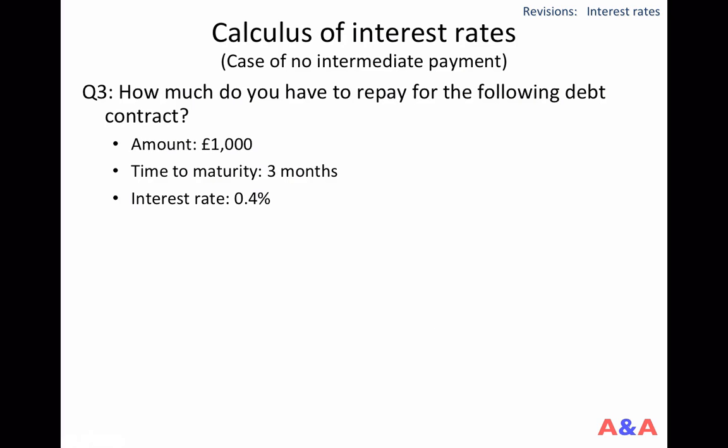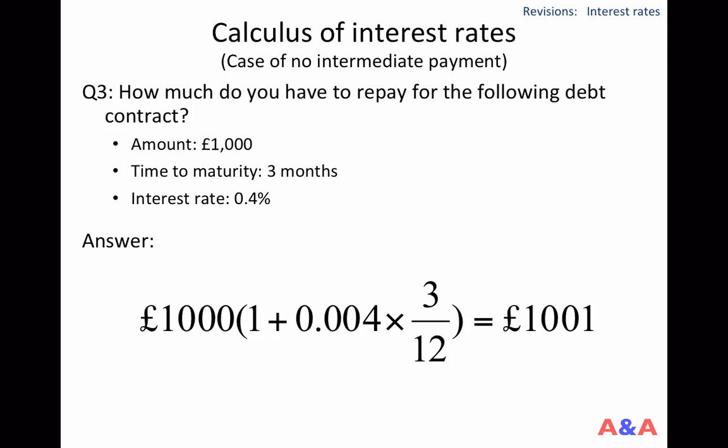Question 3. How much do you have to repay for the following debt contract? The amount borrowed is £1,000. Time to maturity is now 3 months. And the annual interest rate is 0.4%. This is the answer. The amount borrowed £1,000 times 1 plus the annual interest rate 0.004.